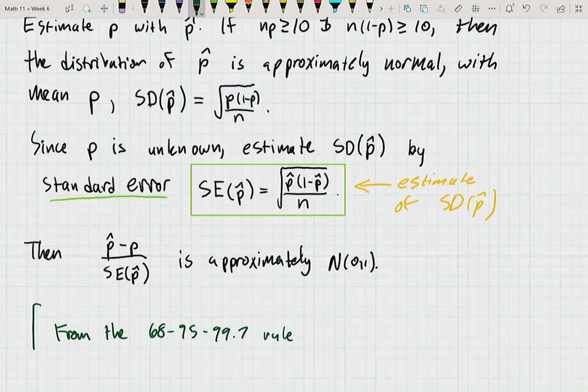That said that within, let's say, 2 standard deviations, there was 95% of the data. The 95 here refers to 95% of the data living within 2 standard deviations of the mean.